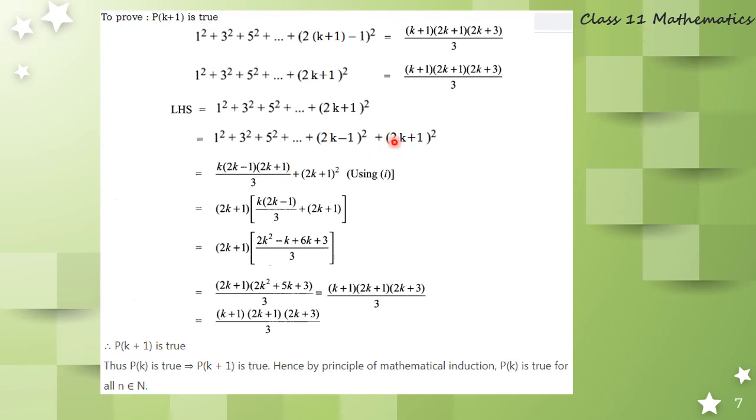Then write the last term here. Here 2k plus 1, here also 2k plus 1, take common, then the remaining is 2k plus 1 here, and here k into 2k minus 1 by 3. Find the LCM, then take the simplification, final value 2k square plus 5k plus 3. Product value 6, sum value 5. So factorize this particular quadratic polynomial. You can write the answer. Therefore the final answer will be 2k plus 1 into 2k square plus 5k plus 3.